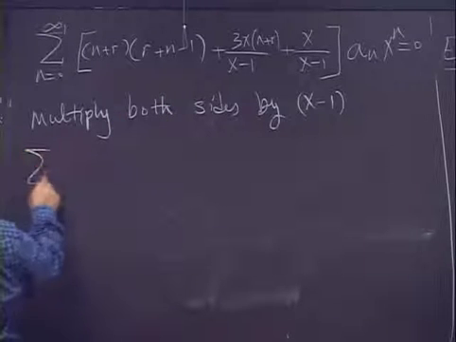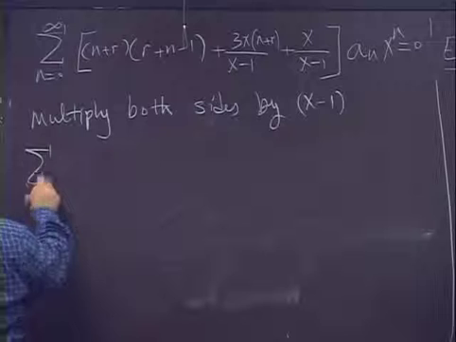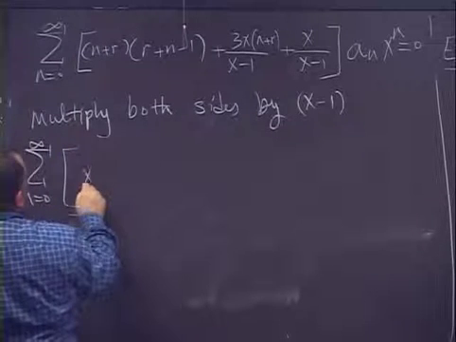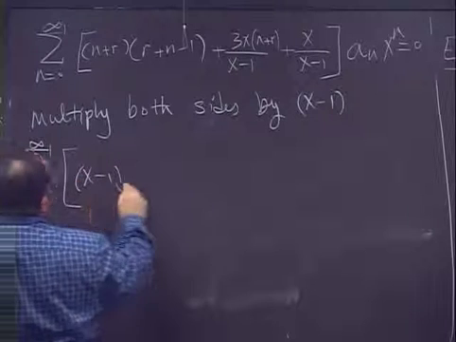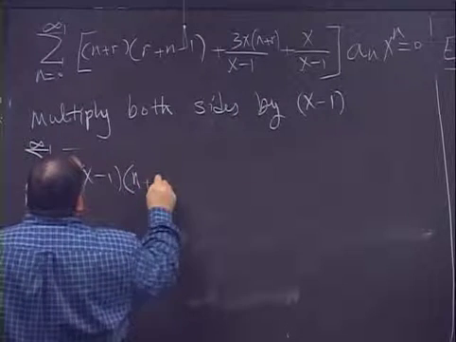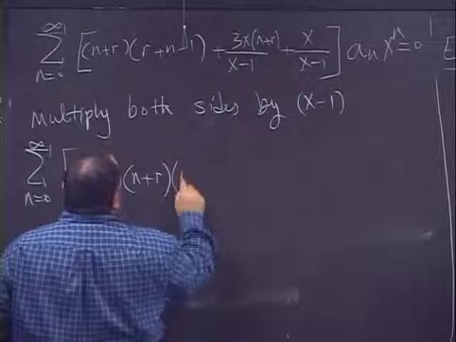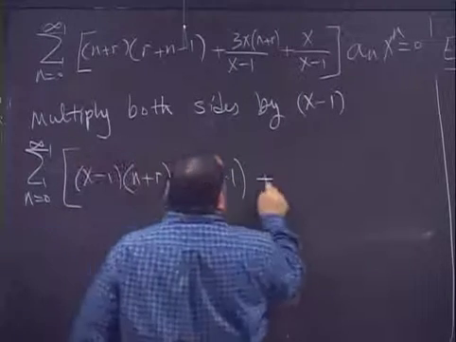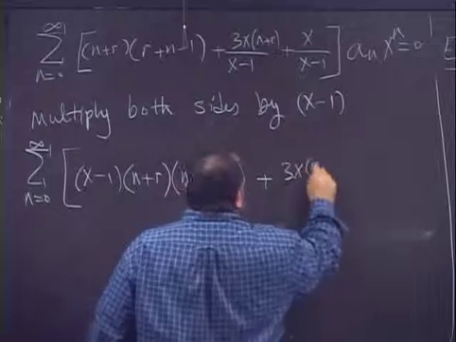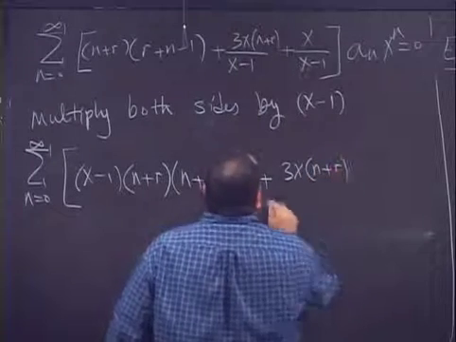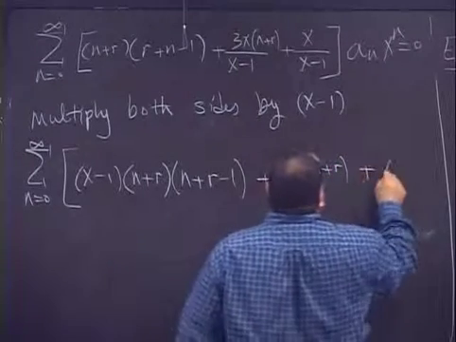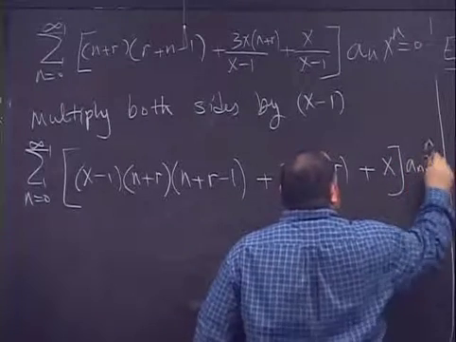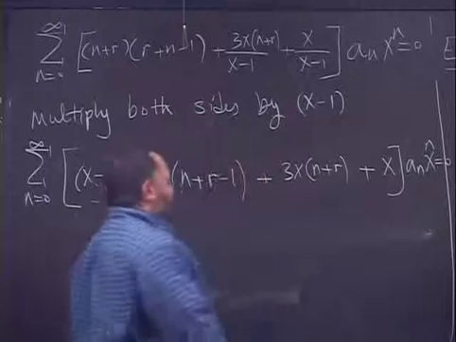This will give me again the summation from n equals 0 to infinity of x minus 1 multiplied by (n plus r) times (n plus r minus 1) plus 3x multiplied by (n plus r) plus x, all multiplied by a_n x to the power of n equal to 0.